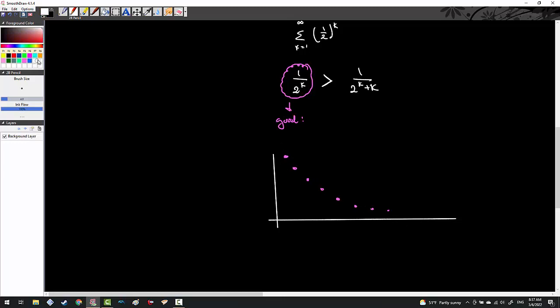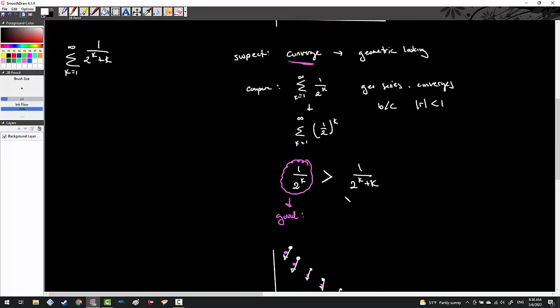Now, the white dots are actually above them, which is a good thing because we suspect that those white dots are going to plunge downward into convergent land. And if they plunge downward into convergent land, that means that they will take the pink dots with them. So that's a good thing. We want that to be true. This is true for all k greater than or equal to 1.